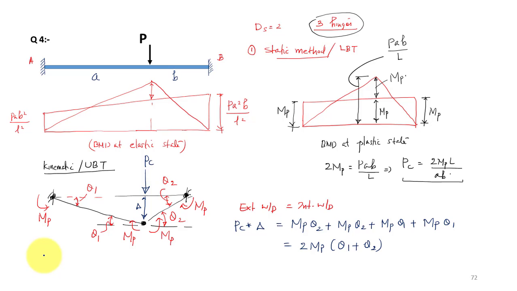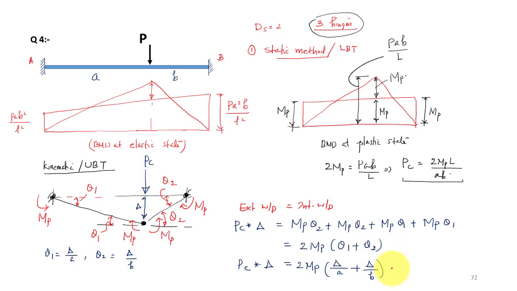So now we have the relation theta 1 equals delta by A, and theta 2 equals delta by B. So I can substitute that value. 2 MP into delta by A plus delta by B is equal to your external work done, P_C into delta.